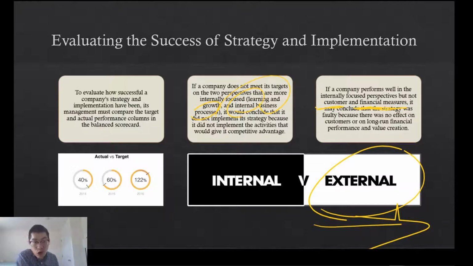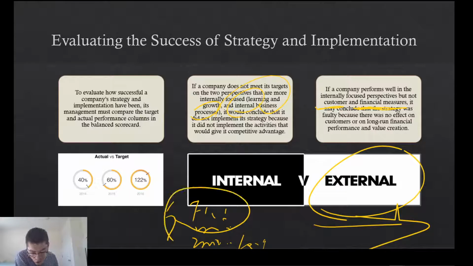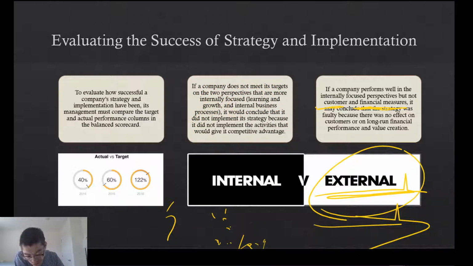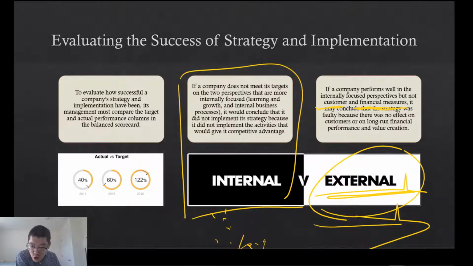So remember, the balanced scorecard has four elements: financial, customer, internal business process, and learning and growth, right? If financial and customer, these two perspectives, don't have any positive change, or don't even have any change, that means even though we successfully implemented our strategy, our balanced scorecard, all these changes done internally don't translate into the ultimate customer satisfaction or financial profitability.